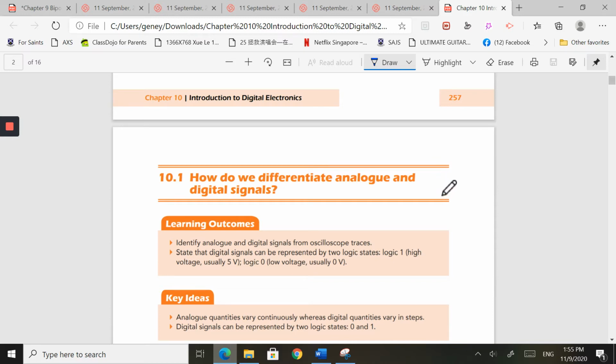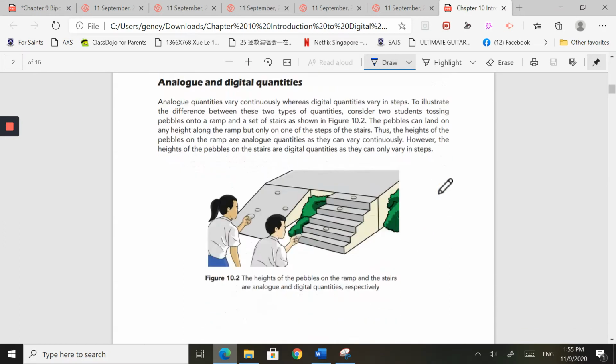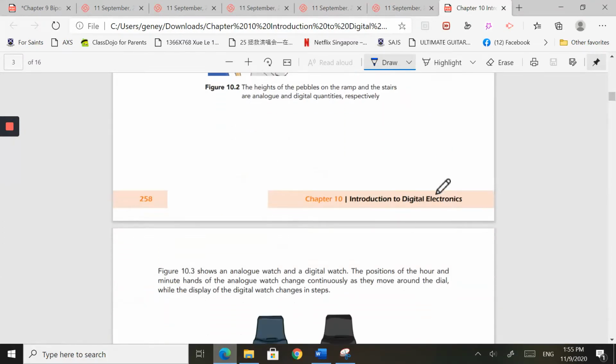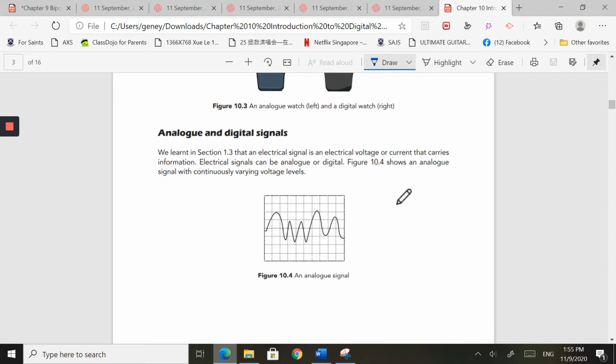Okay, so what is the difference between analog and digital signals? Analog signals go in a wide range of values. It can go very high, it can go very low, it can go negative, medium, very low, medium, very high, and so on. So there's a wide range of values you can expect from an analog signal.